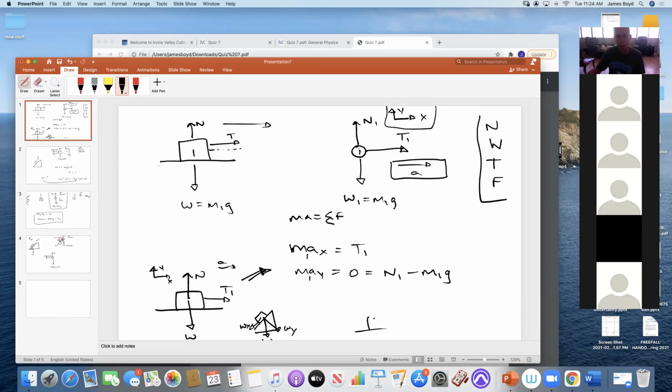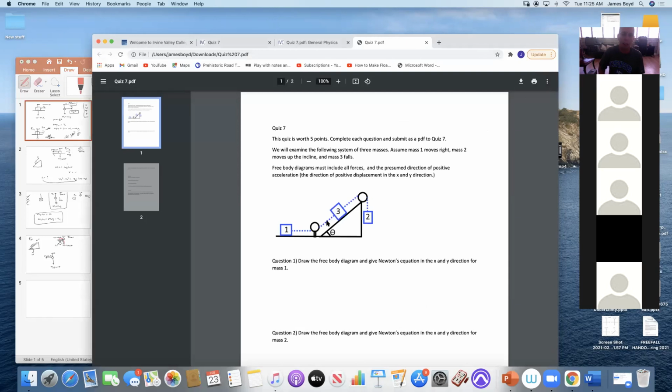I draw it like this, and I draw it like this. The tension here and the tension here have to be a third law pair because they're connected by the same rope. Same with the tension here and the tension here. If you look at this, tension 1 here, tension 1 here, tension 2 here, tension 2 here.